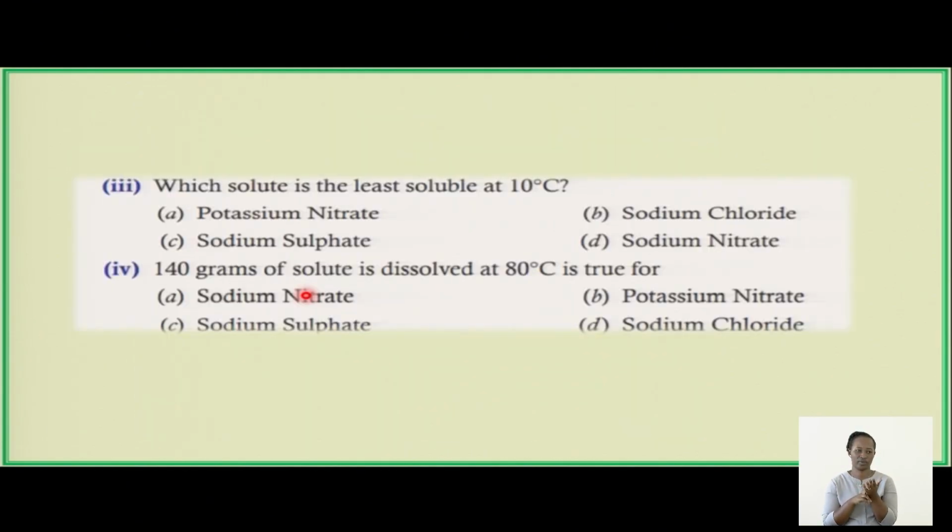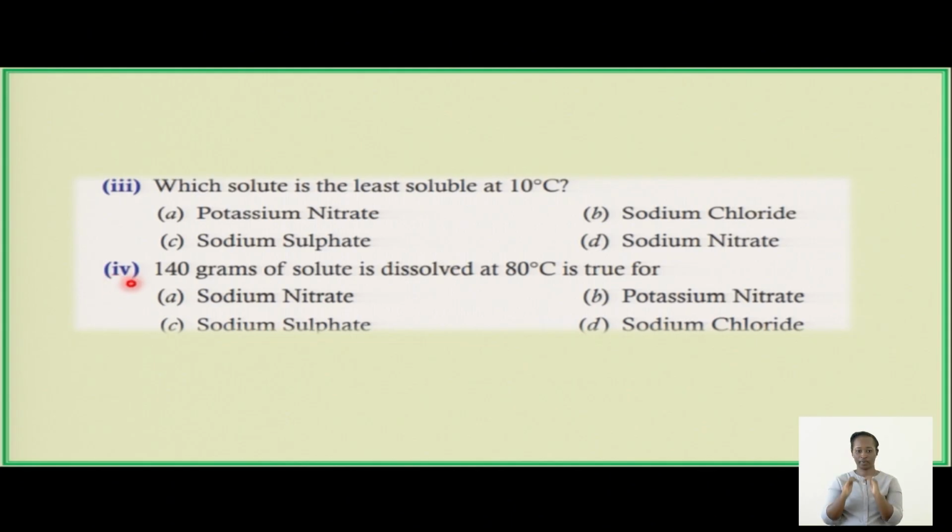So here we have a set of 2 questions you will try about that graph. Which solute is the least soluble at 10 Celsius degrees? A, potassium nitrate, B, sodium chloride, C, sodium sulfate, and D, sodium nitrate.